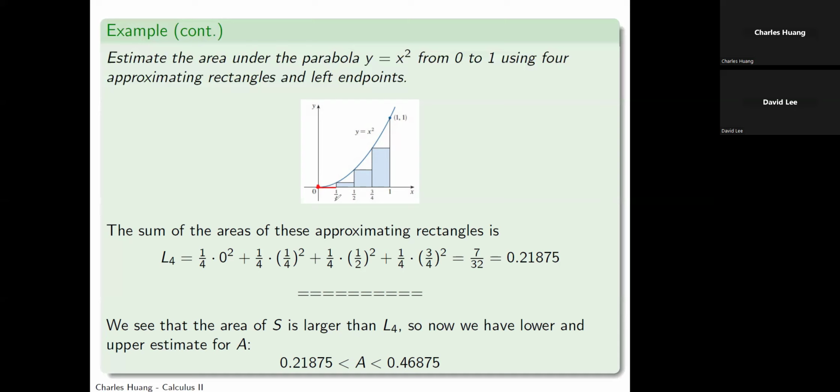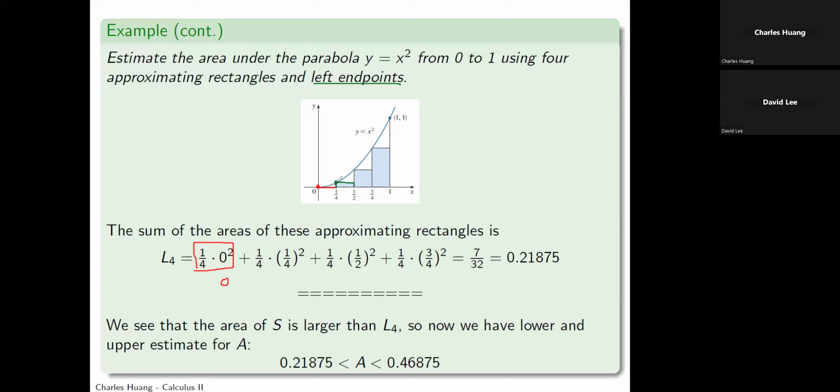So my rectangle is like that, which has an area of 0, right? Here, the area is 0 because my height is 0. For the second rectangle, I'm going from 1/4 to 1/2, but I'm going to take the left-hand side. So I'm going to go up to 1/4, hit the curve, and this is the rectangle that I'm going to make.